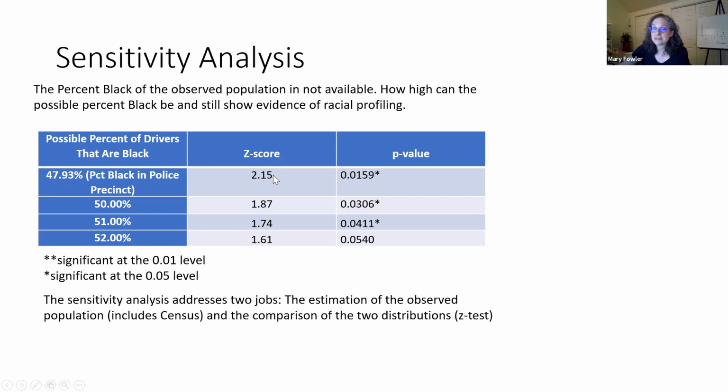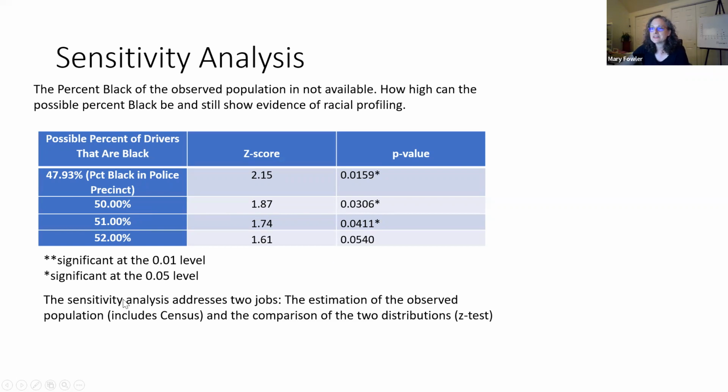It yielded a Z statistic of 2.15 and a p-value of 0.016 or 1.6%. And what I did here was I increased the possible percent Black. For each increase, we could see how the p-values decrease.